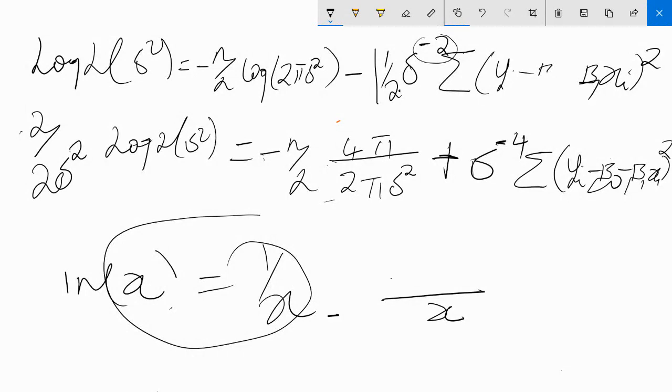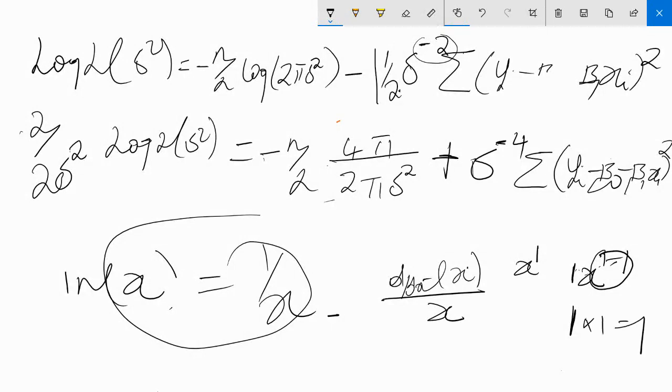Then here we should have the derivative of x. And because this is x and this is x, remember x is to the power 1. So we take that exponent down. We have x to the power 1 minus 1. So this part ends up giving you x to the power 0. And x to the power 0 is 1. That's why you end up with 1, because it's 1 multiplied by 1.